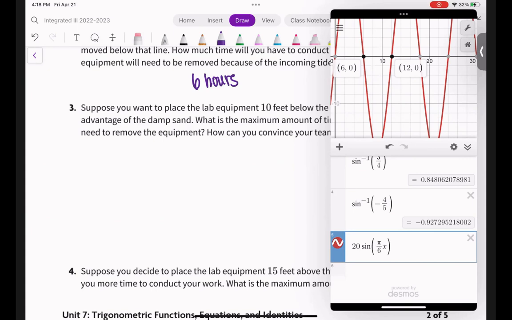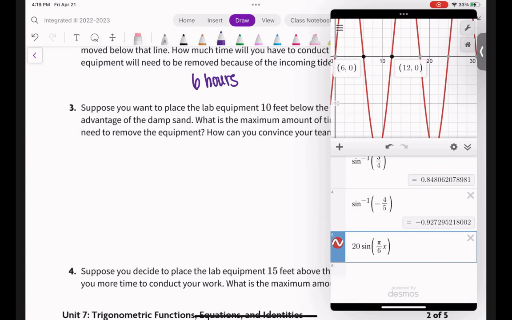And over here, I'm going to try to get this, but I don't know if it's going to be a pretty number. Oh, it is a pretty number. There it is. It's at 11. So from 7 to 11, that's 4 hours, right? Your team has 4 hours.